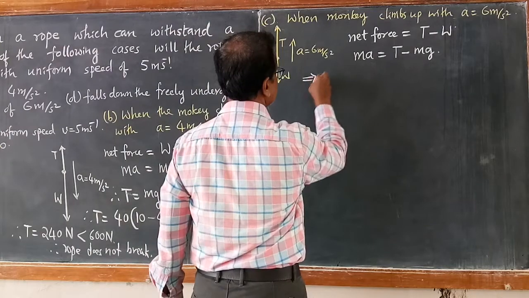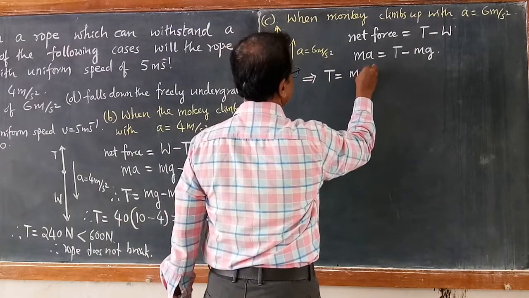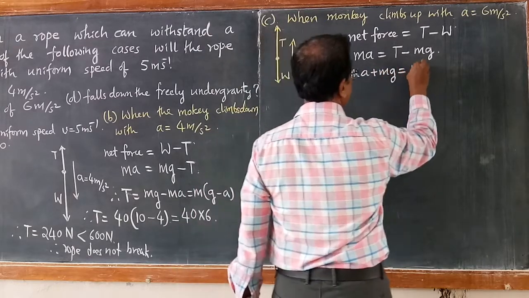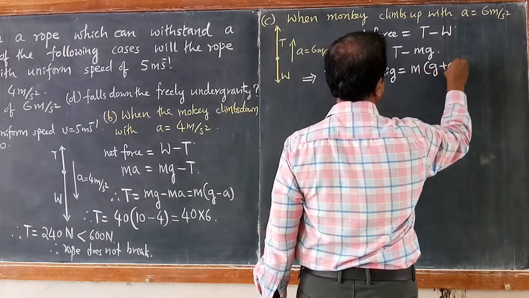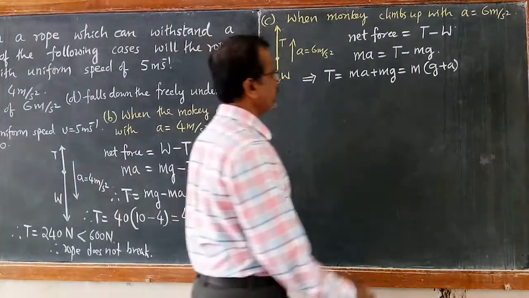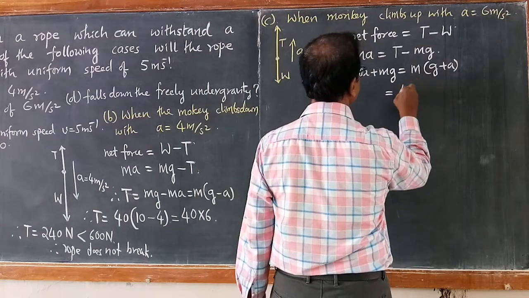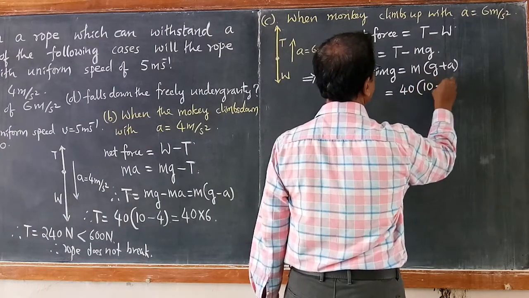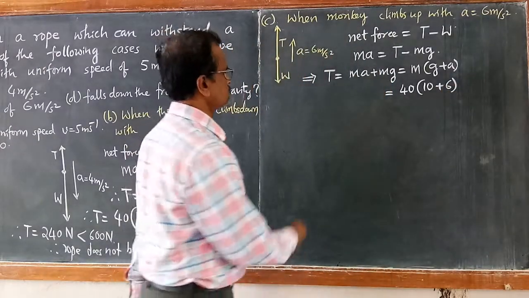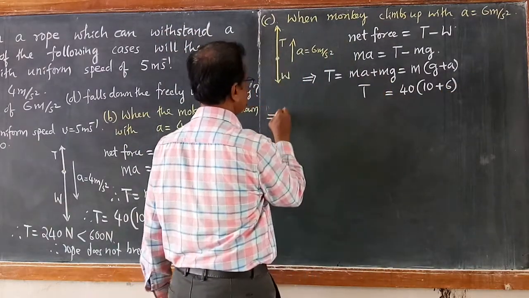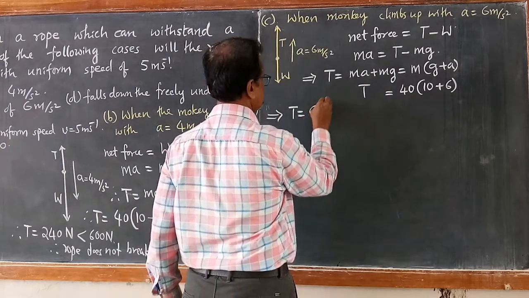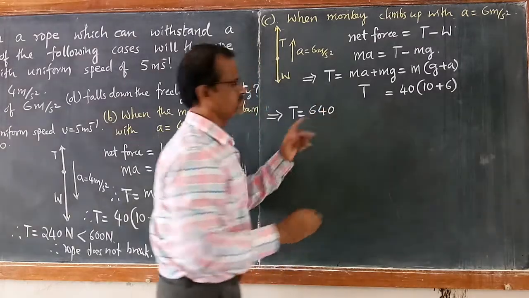This implies T is equal to ma plus mg, that is m into bracket g plus a. Now substitute the values of g and a. So m is 40, 10 plus 6, 16. So tension T becomes 16 4s are 64, into 10 becomes 640 Newton.